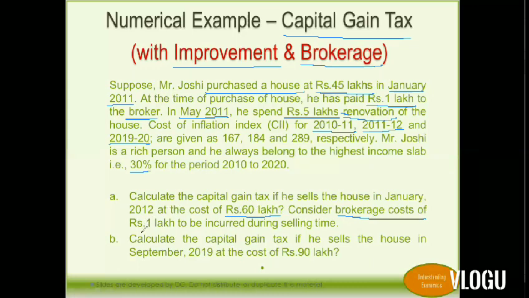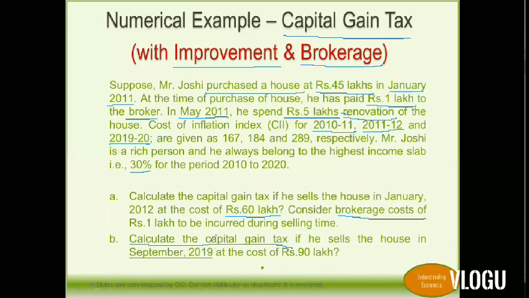And let us see the next question. In the next question, it is said calculate the capital gain tax if he sells the house in September 2019. Now September 2019 means he has purchased in 2011 and sold in 2019.